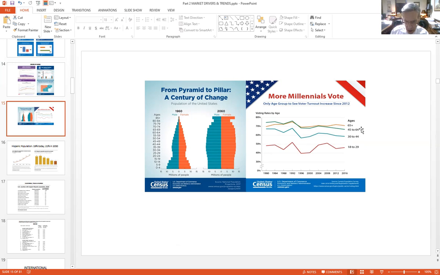Consequently, legislators, if they want to be reelected, are going to be more responsive to folks in those age groups. Therefore, we're even more interested to know just what it is that they want to buy.